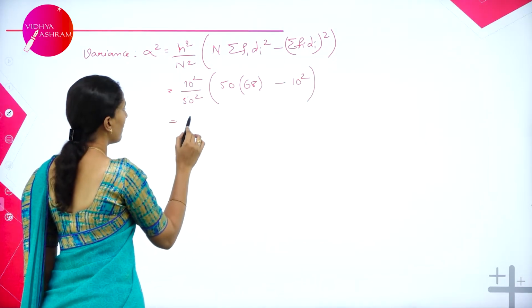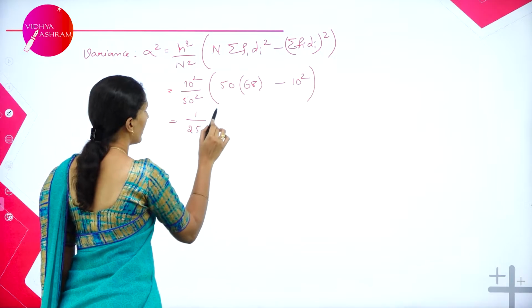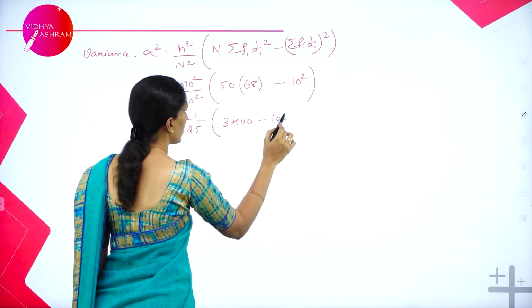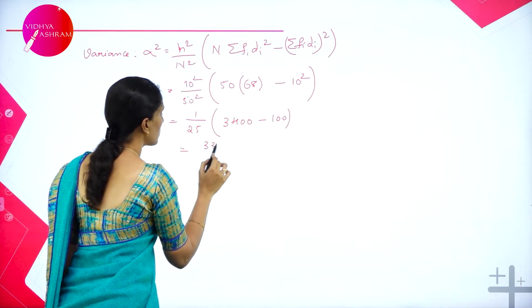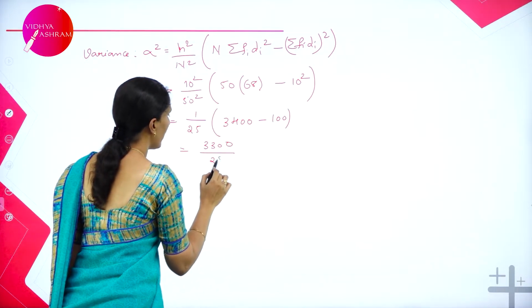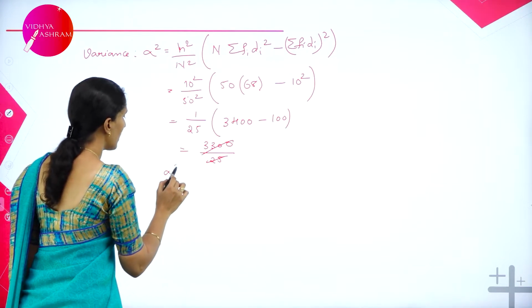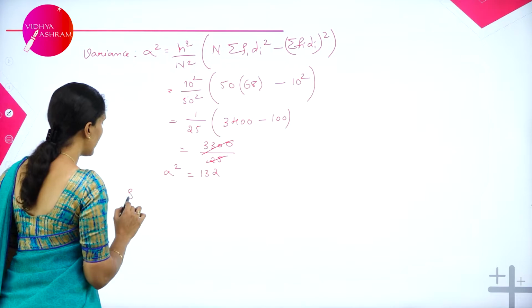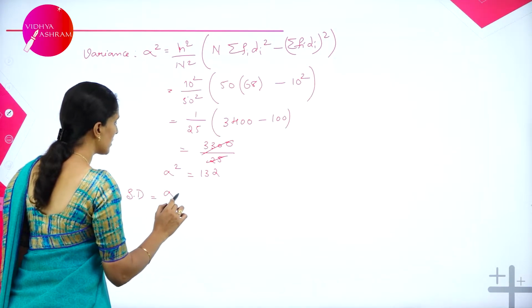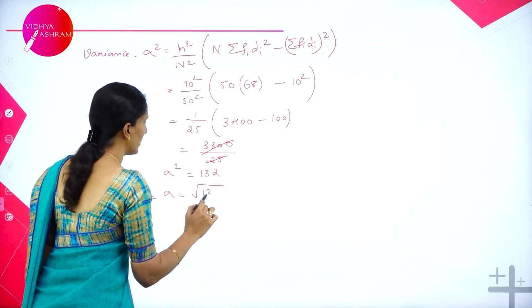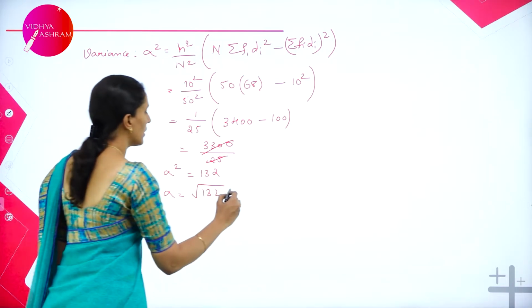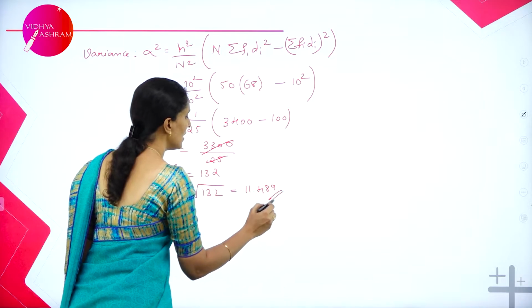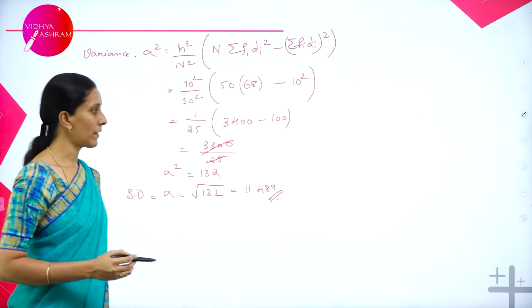So here you will get the value as 1 by 25, and when you multiply, the value is 3400 minus 100. So you will get 3300 divided by 25. When you cancel, you will get sigma square is equal to 132. Now to calculate the standard deviation, sigma is the square root of 132. So the value will be equal to 11.489. So this is the standard deviation which we have calculated.